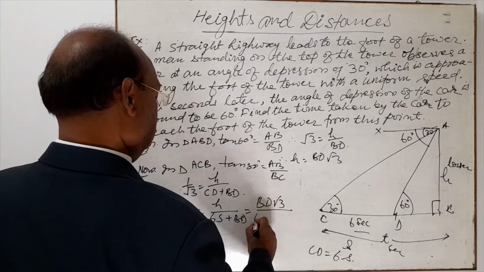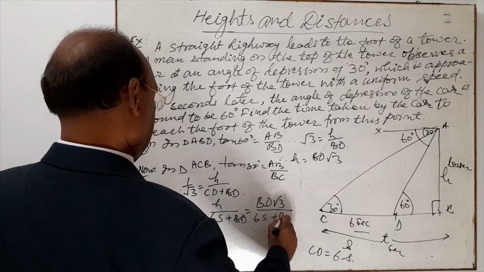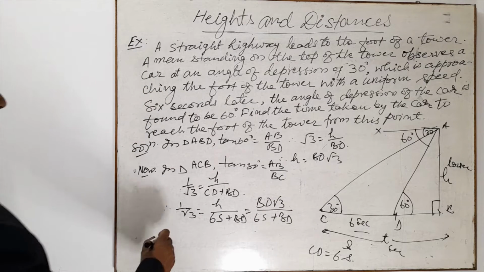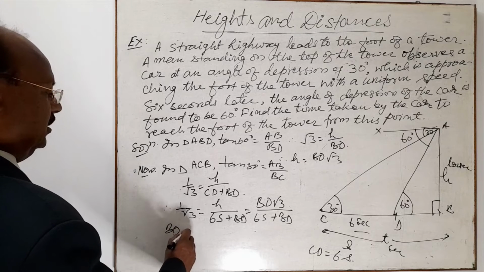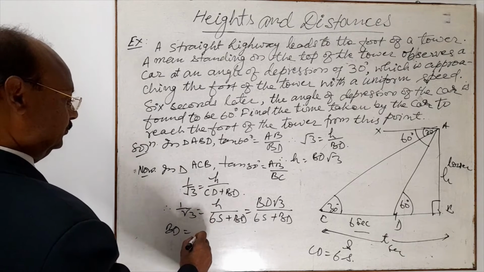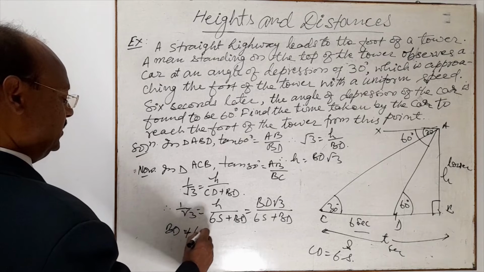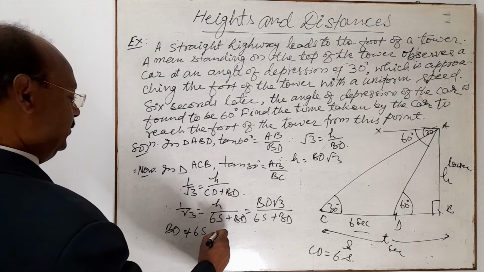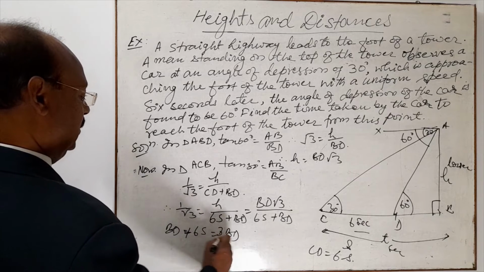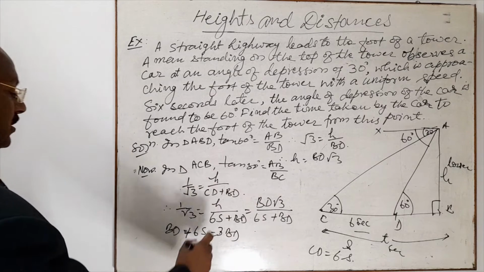So this is equal to BD root 3 upon 6s plus BD, and by cross multiplication we are getting BD plus 6s is equal to 3BD. Root 3 into root 3 is 3, so 3BD.